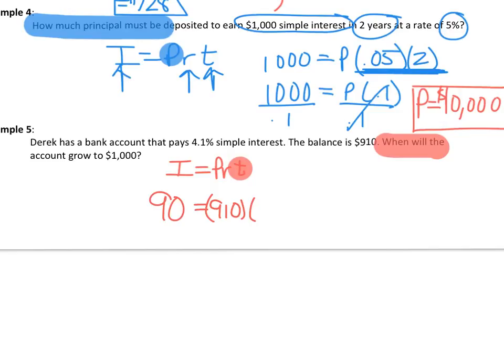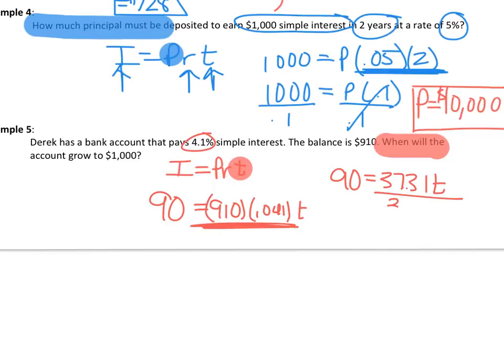The principal is what we started with, which is 910. The interest rate is 4.1%, so 0.041, and then times t. So we can multiply these, 910 times 0.041, which is 37.31. So I have 90 = 37.31t.